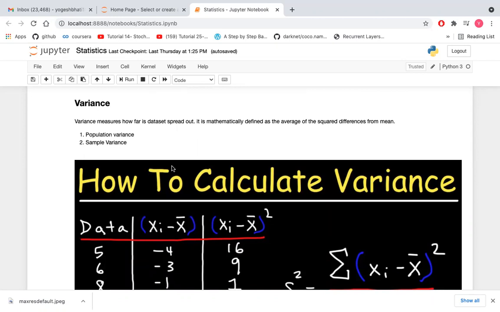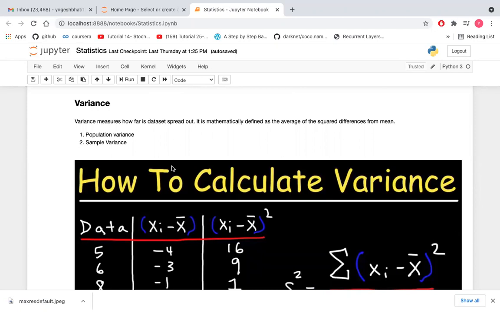There are two types of variance, population variance and sample variance. Why do we need two types of variance? Because if the population has a large data set, it is computationally very difficult to calculate variance or any statistical concept, so we use a sample, which I already discussed in my previous class: the difference between population and sample, how a sample is taken from the population, and the meaning of sample.